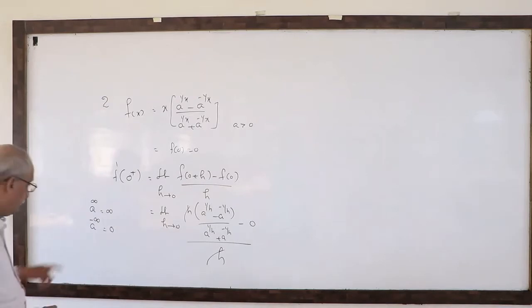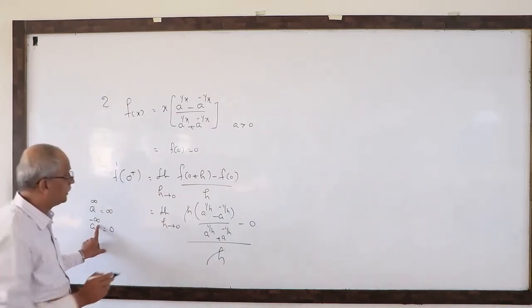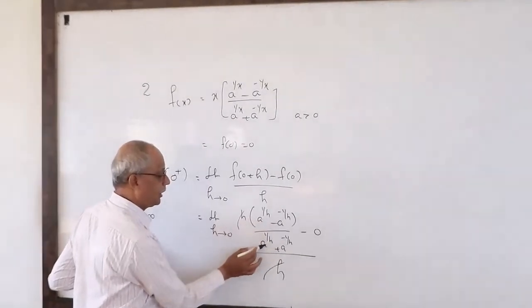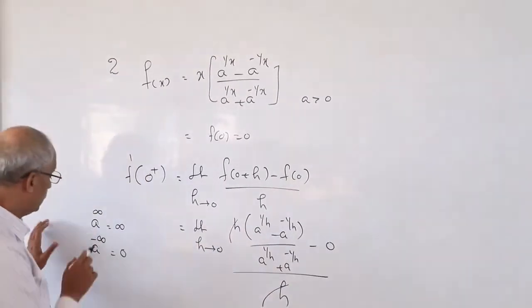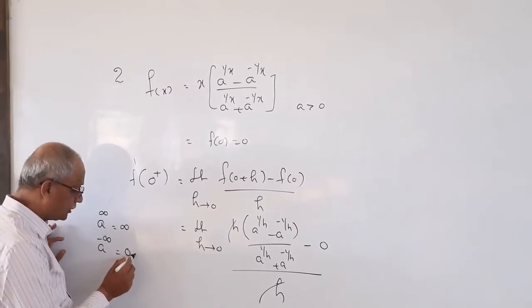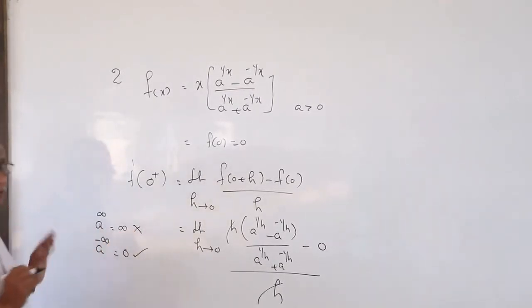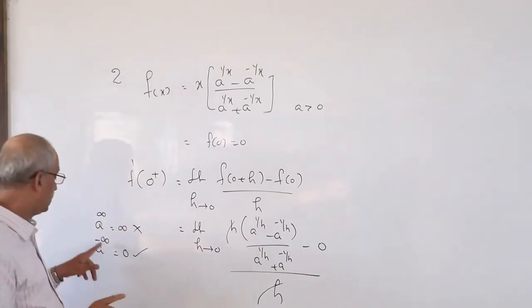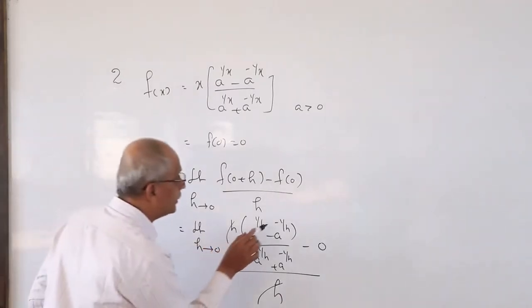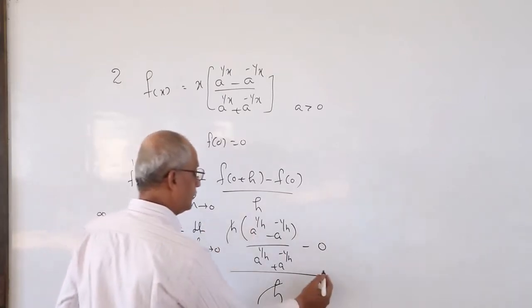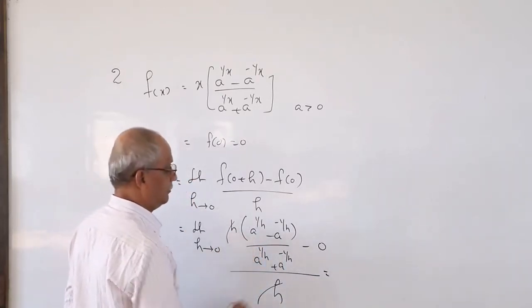So we should try to get these terms in place of those. How to get that is important. We need minus, not plus, so divide with a power 1 by h.